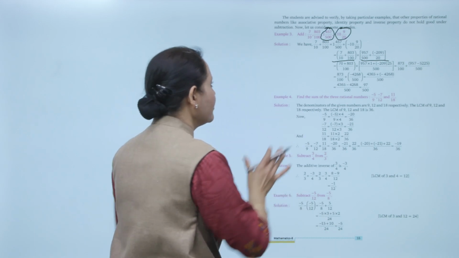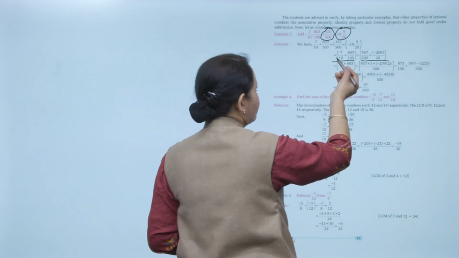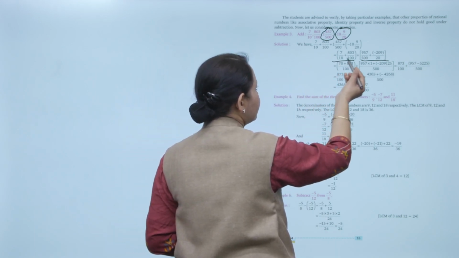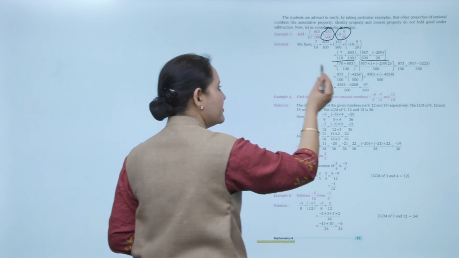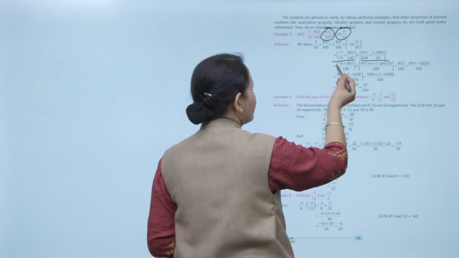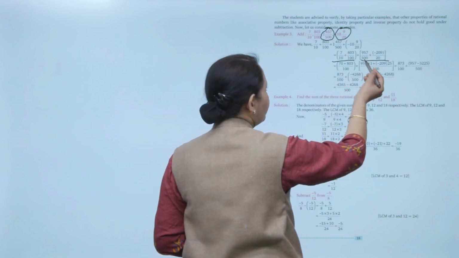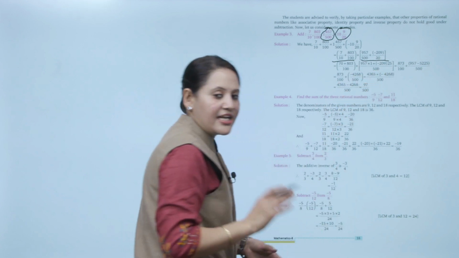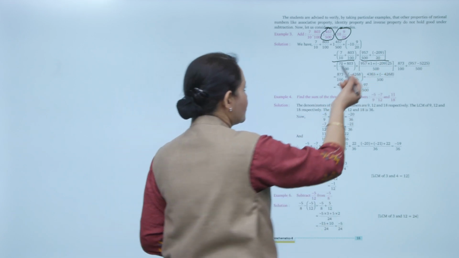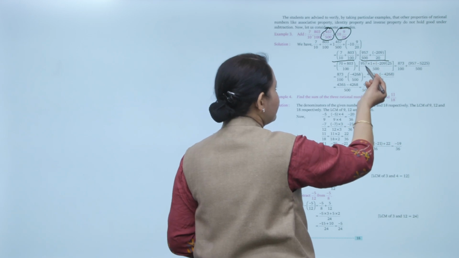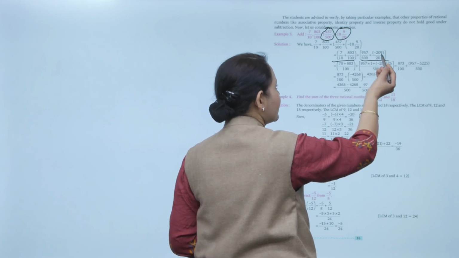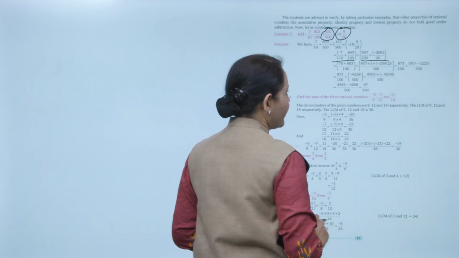We have made the group of 2. So here the denominators are 10 and 100, so we'll take the LCM as 100. So you check as 70 plus 803. Here the denominators are 500 and 20, so we'll take the LCM as 500. So 957 into 1 plus minus 209 into 25.